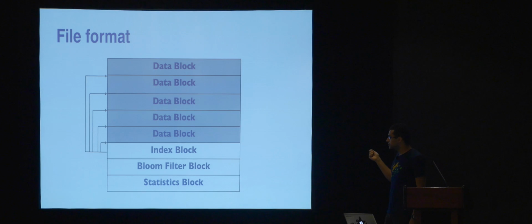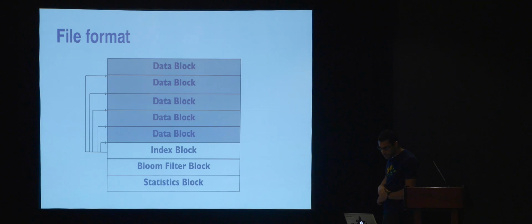So we consult Bloom filters before doing any more steps. If the Bloom filter says your key definitely does not exist in this file, we can skip the whole file and know that we won't find anything in this file. And the statistics block contains information like how many keys are in this file, how many keys are deleted, such kind of information.